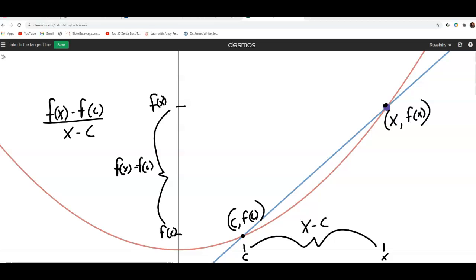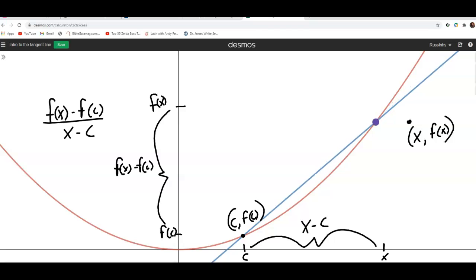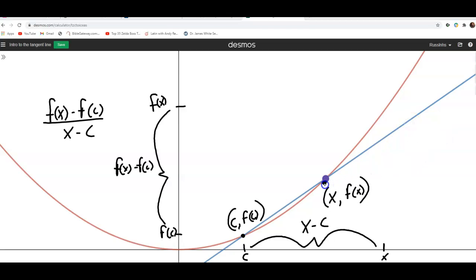You guys know what I want to do is I want to take this point and I want to slide it down, right? So what's happening there? Well, I'm letting this point get closer and closer to this point.